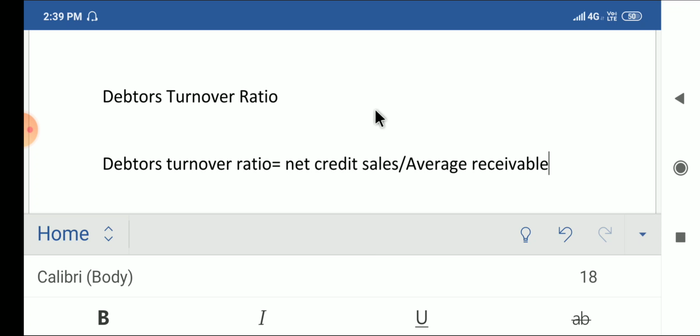In case the opening balance of debtors and bills receivable is not available, then the turnover is calculated on the basis of the closing balance of debtors and bills receivable. In the same way, if net credit sales is not available, then turnover can be calculated on the basis of total net sales.